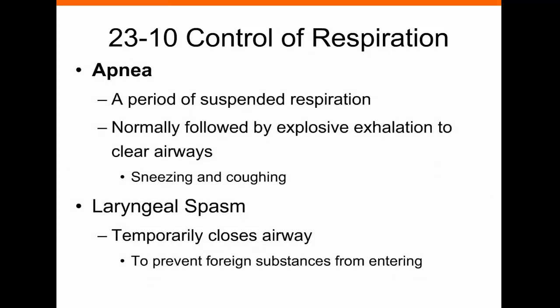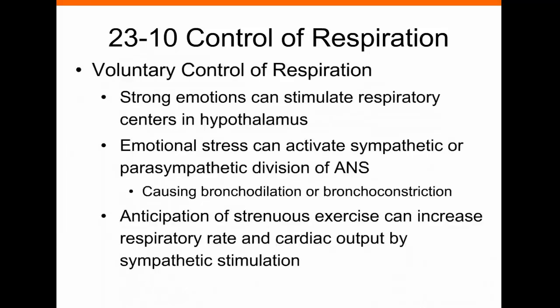Apnea is a period of suspended respiration, normally followed by an explosive exhalation to clear the airway, such as sneezing or coughing. Laryngeal spasm is the temporary closing of the airway to prevent the foreign substances from entering.